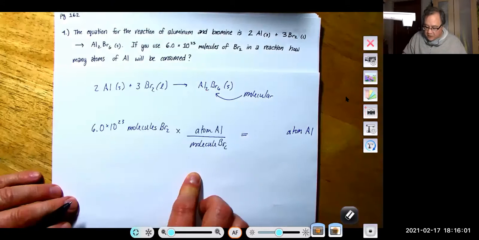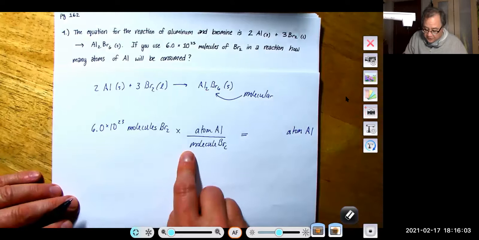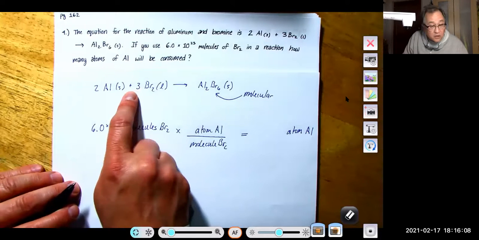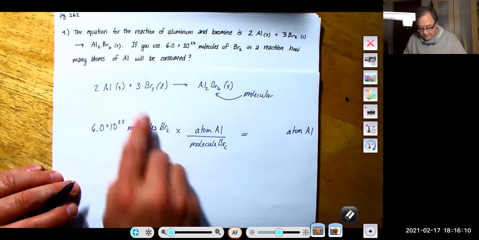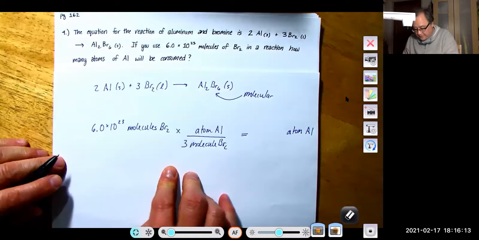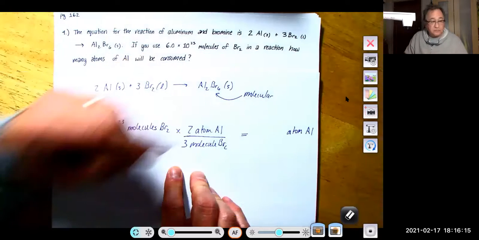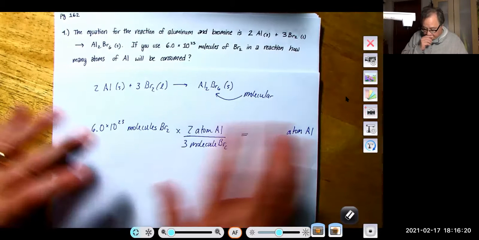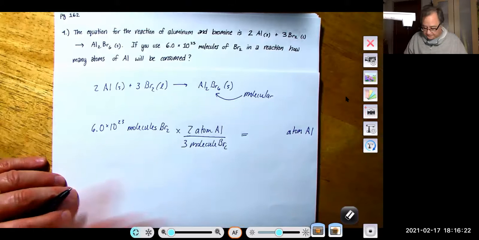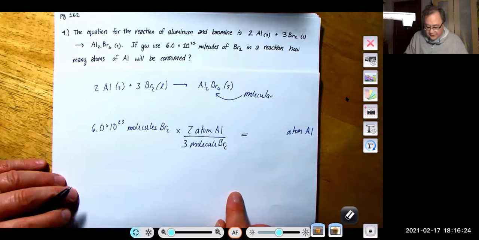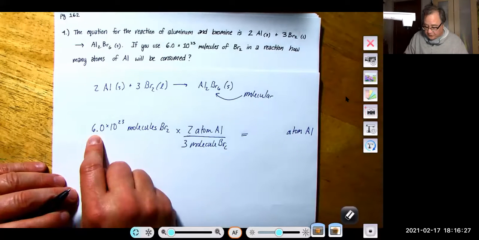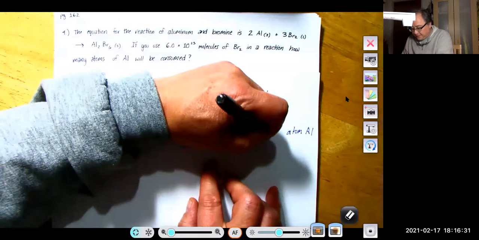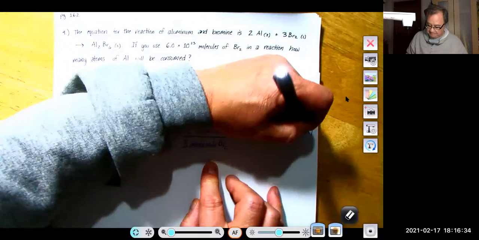So where do we find that correct ratio? The answer is right here: 3 molecules of Br2 and 2 atoms of aluminum. These are coefficients used to calculate how much of one thing from another. 3 goes into 6 2 times. 2 times 2 is 4. So the answer is 4.0 times 10 to the 23 atoms of aluminum.